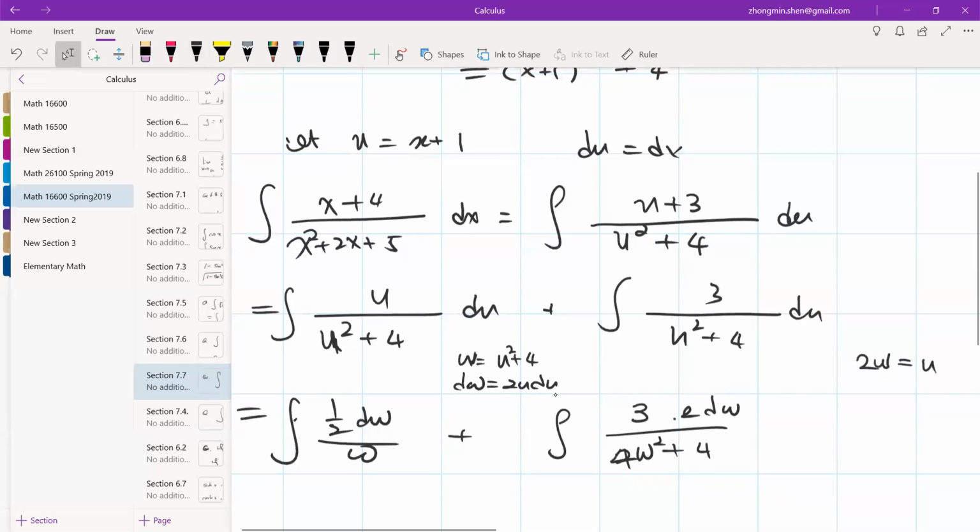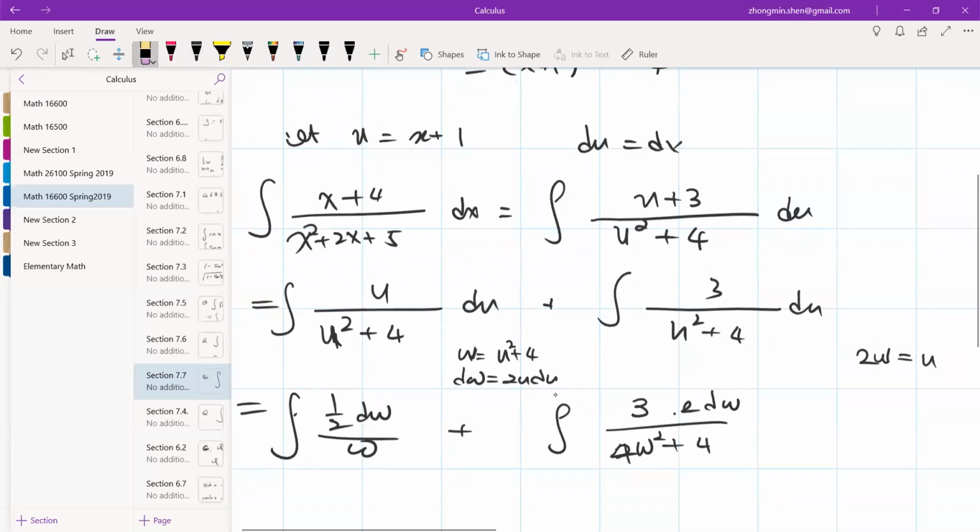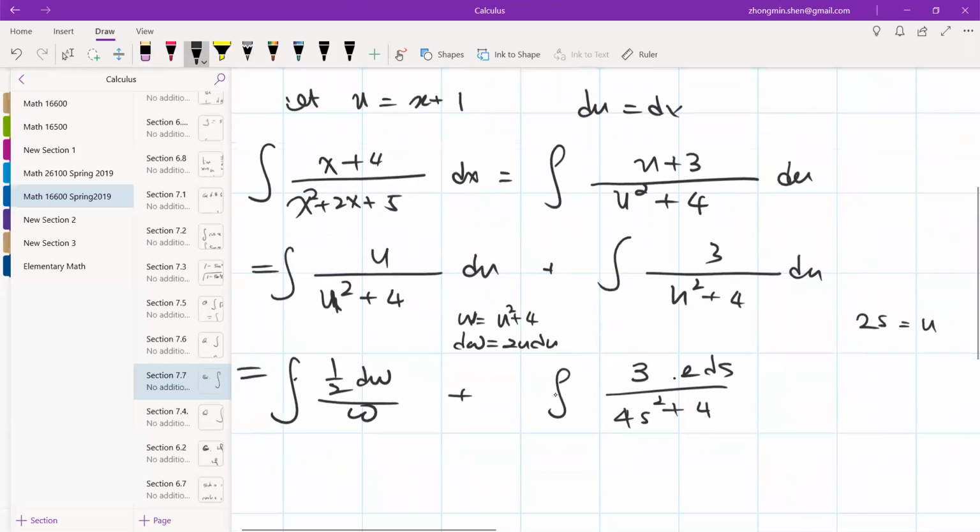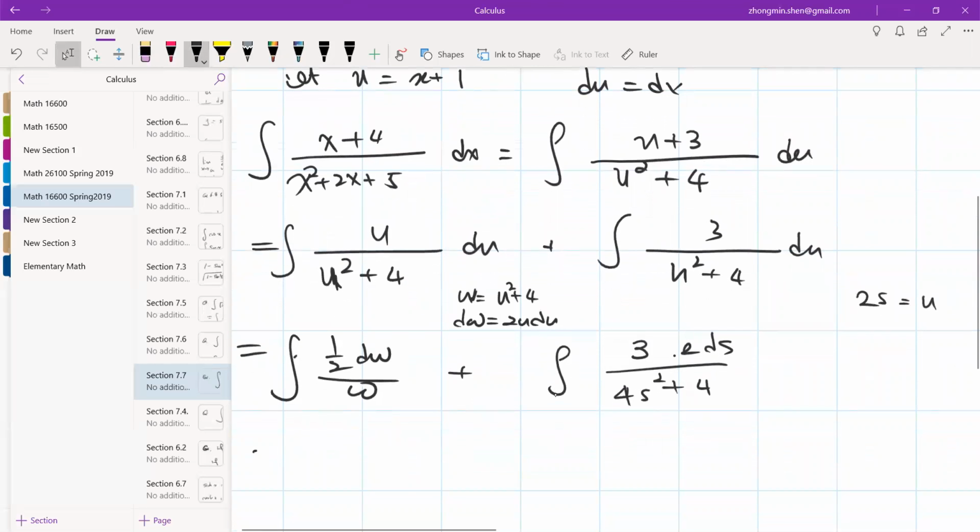Well, it'd be easy to be confused, so I'm not going to use w. Let's say s, so ds, and that gives me 4s squared plus 4. Okay. So this side we get 1/2 natural log of the absolute value of w.